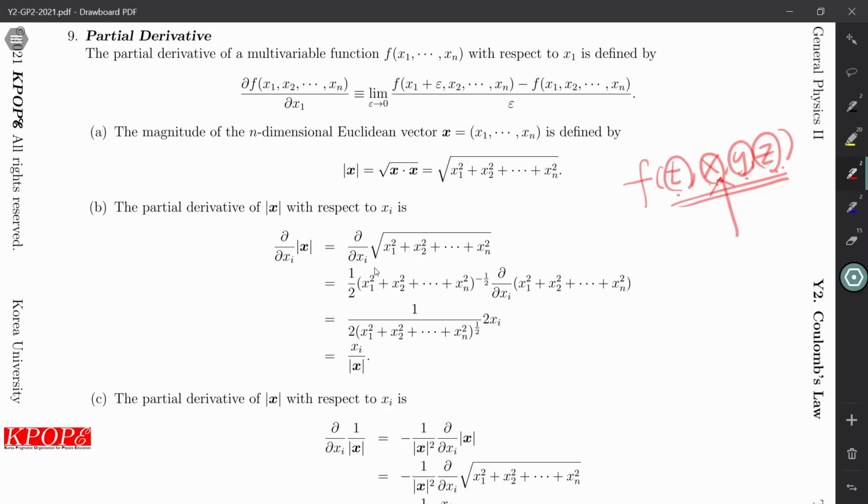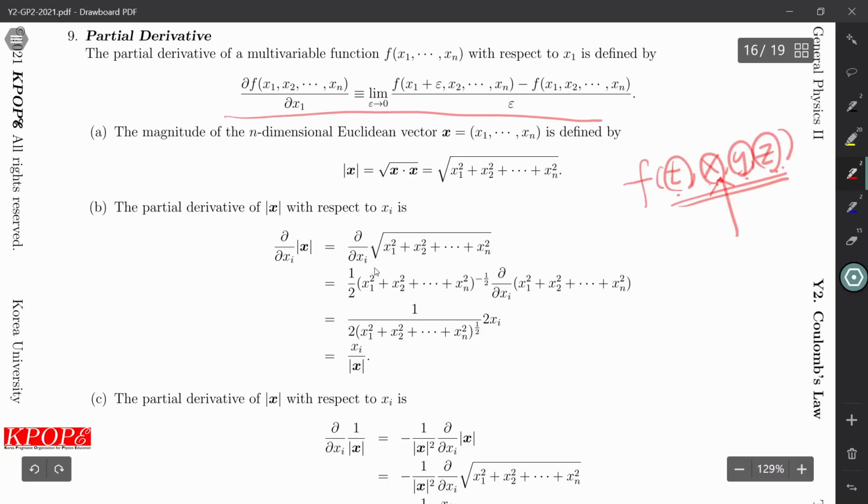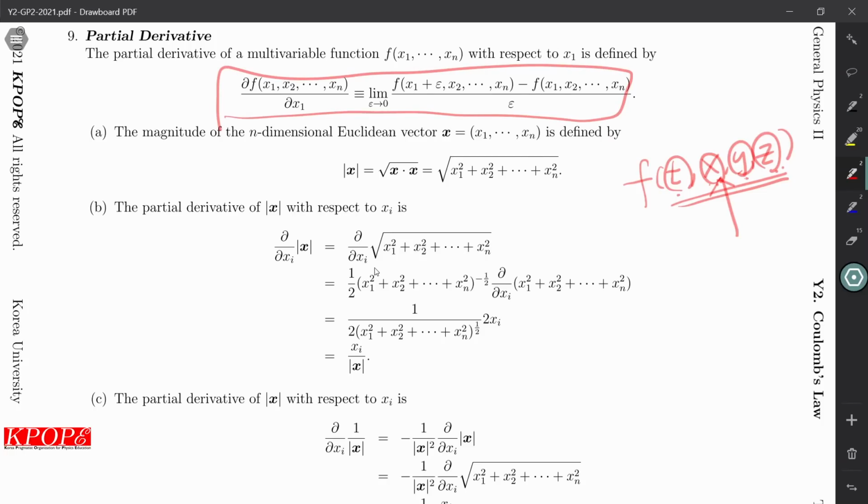Okay? So you must be acquainted with the partial derivative. The definition of a partial derivative is exactly the same as a normal derivative, except that the partial derivative with respect to x1 means vary x1 only and keep the remaining variables the same.